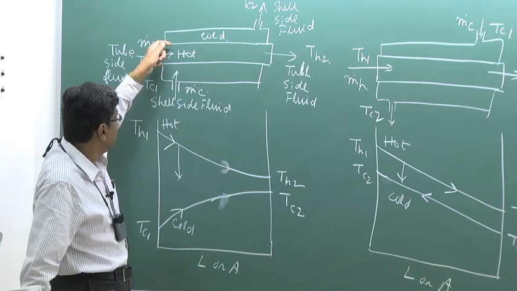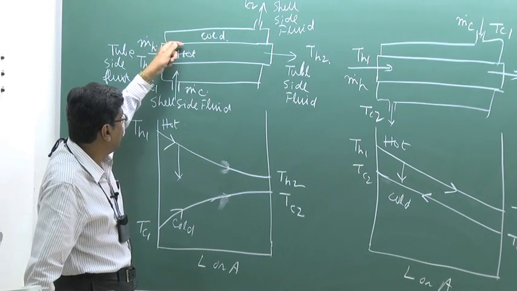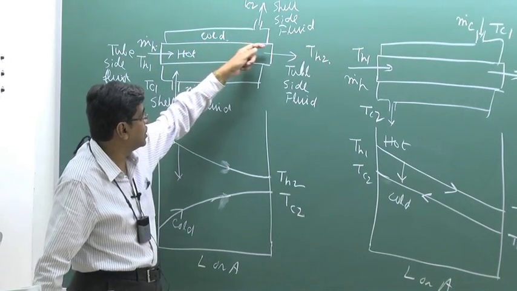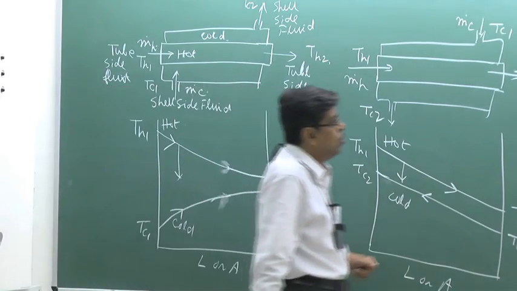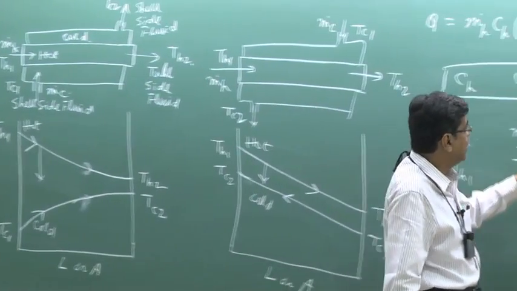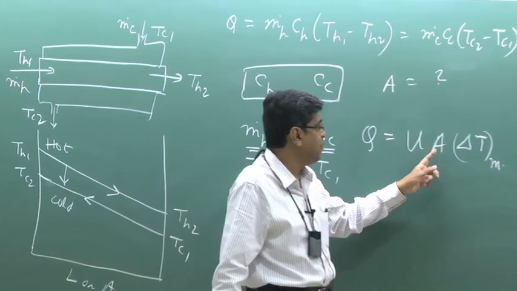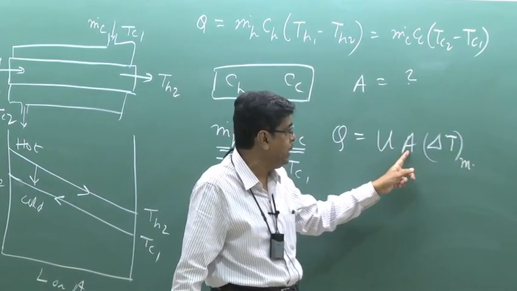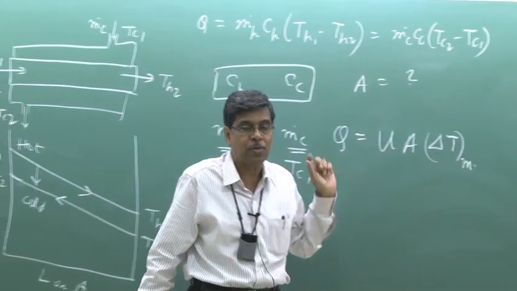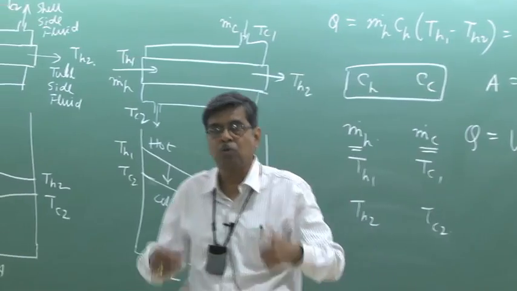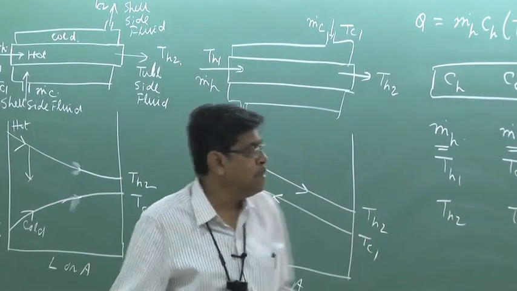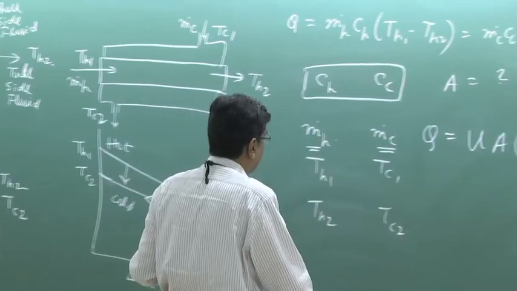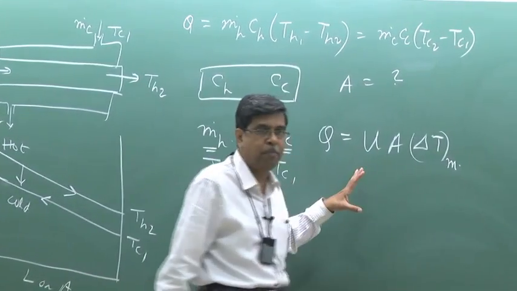If we assume that the overall heat transfer coefficient is constant along the flow, then we can write the rate of heat transfer in this fashion: UA delta T, some mean temperature difference, where A is the area based on which the overall heat transfer coefficient is defined. Basically this is the definition of the overall heat transfer coefficient, but it is the other way around in practice.